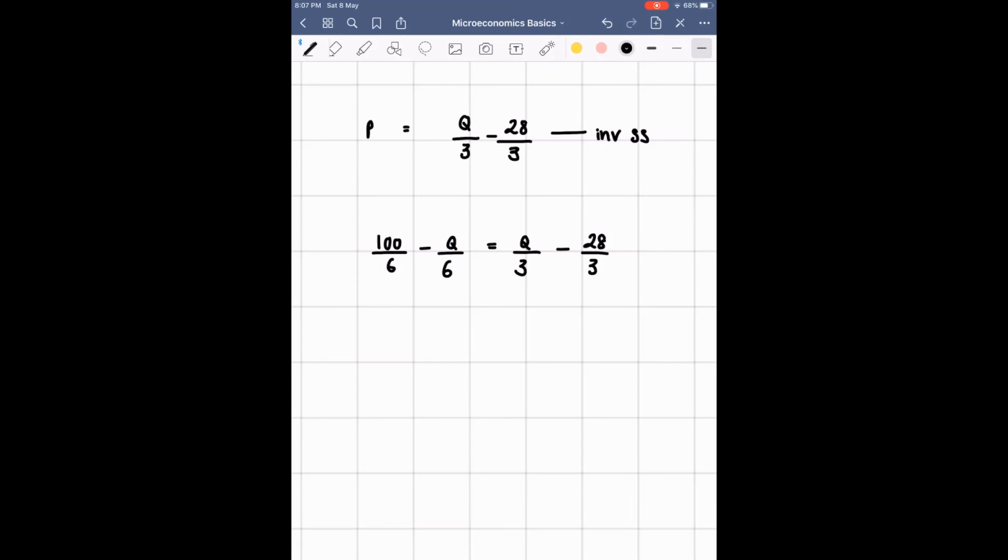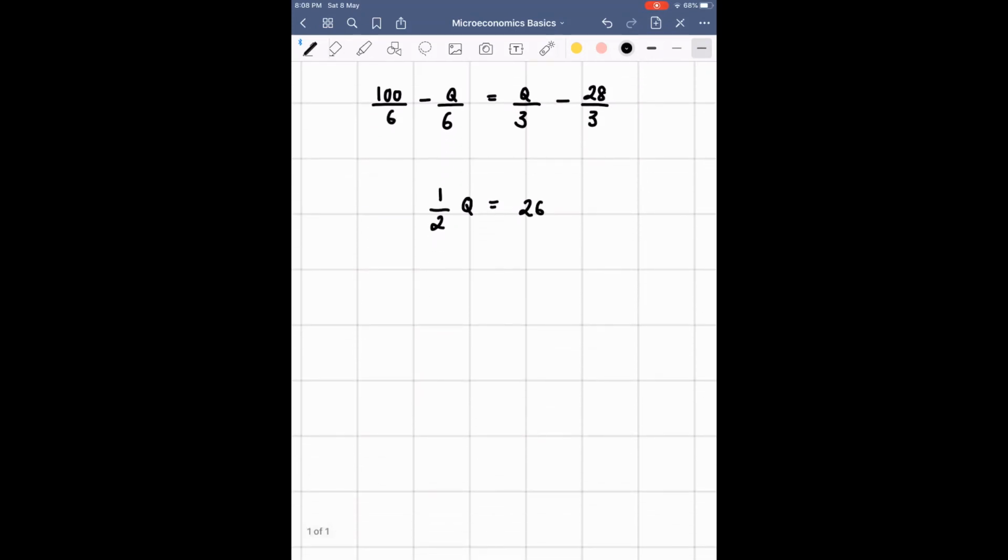Let us calculate these values. We're going to get half Q is equal to 26. And Q therefore is going to be 26 times 2, which is 52.